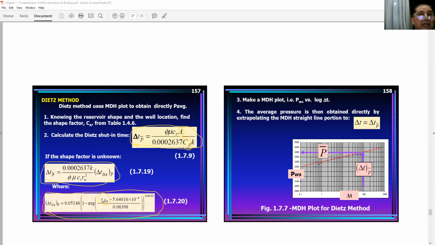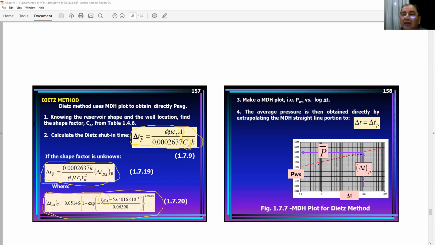tpDA is 0.002637 k tp divided by phi mu ct rw squared. Then you are going to plot delta t, not the Horner plot this time, not delta te. You're going to plot delta t as it is versus pressure pws on a semi-log plot.